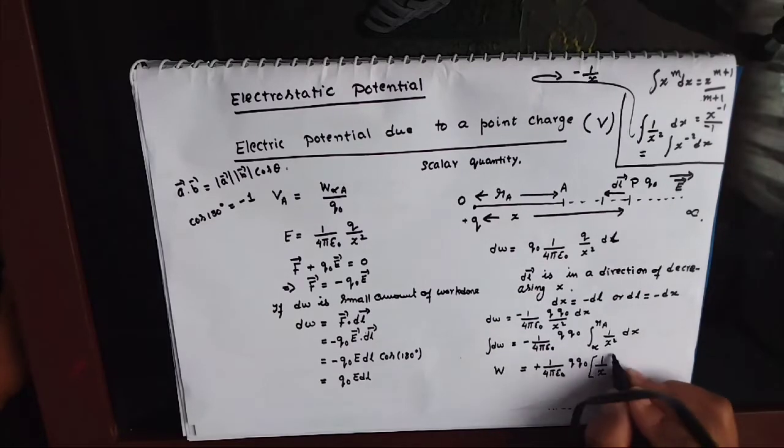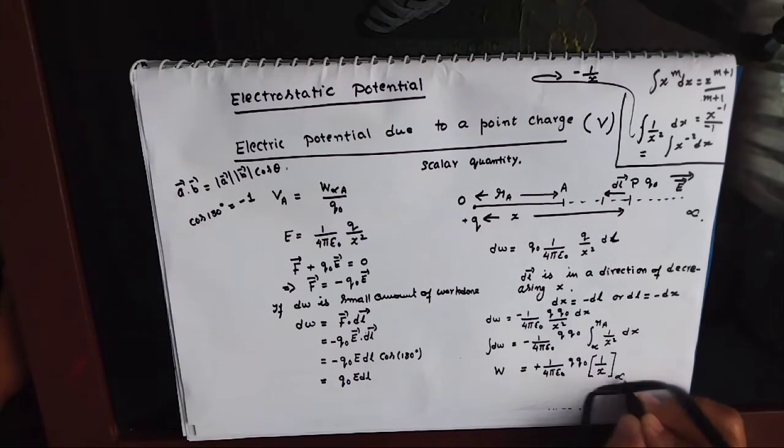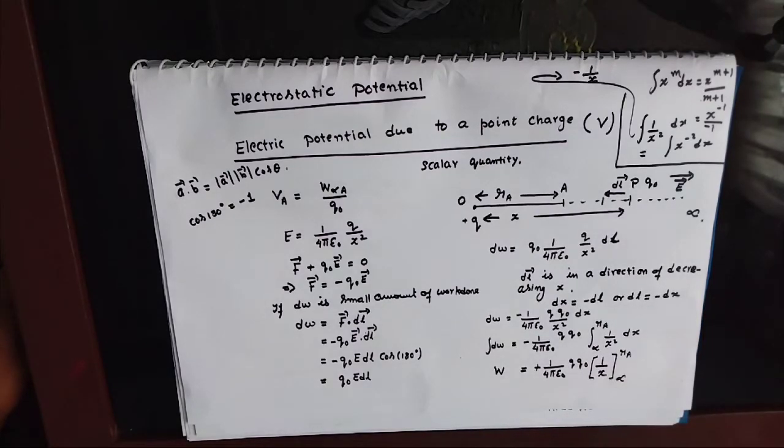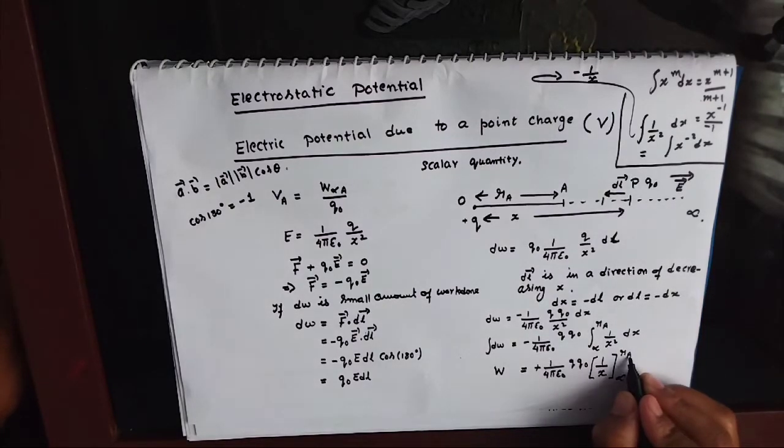Where is the limit? This limit is from infinity to ra. So the upper limit is ra and the lower limit is infinity.